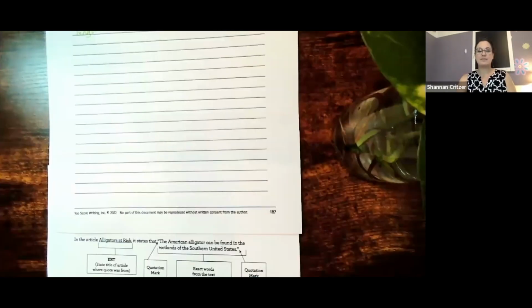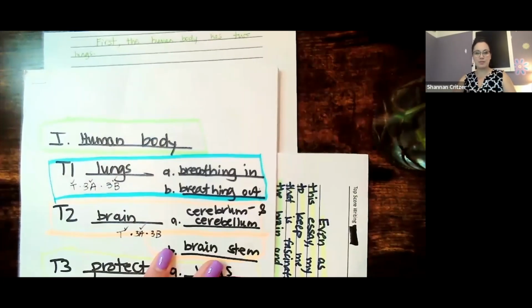And let's go ahead and review those things that we've done so far. We have done so much, we are almost ready to write our whole essay, to have it all written together. We have outlined our text set. And I'm going to go ahead and share my screen now so you can see it better under the document camera. All right, so we have outlined, moved my plant there.